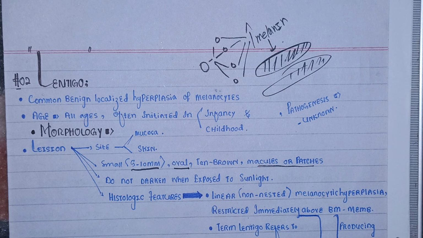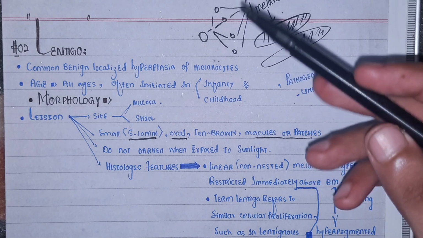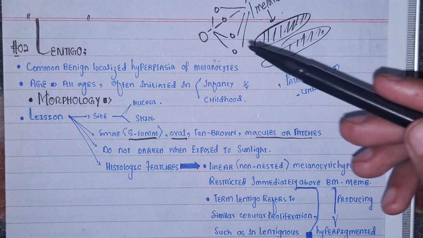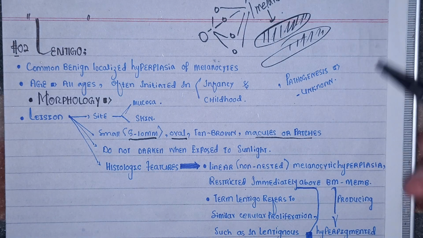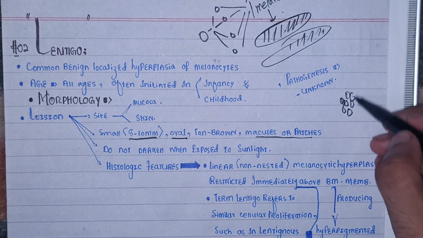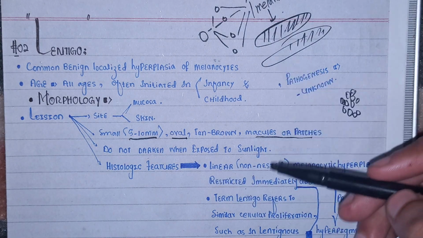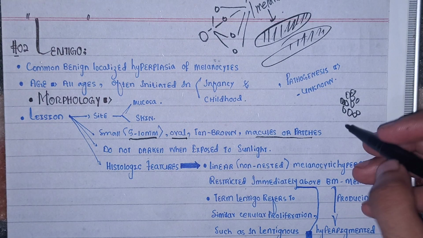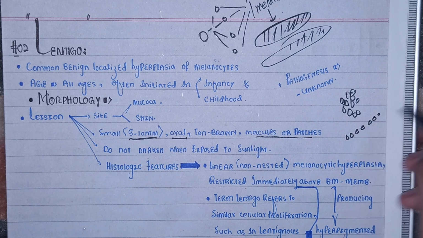If you look at the histological features of lentigo, obviously the melanocytes are hyperplastic, so they are multiplying. Their number is increased in a linear, non-nested fashion. Normally melanocytes are in the form of nests, but in lentigo they do not multiply in this nested fashion; they grow in a linear, non-nested fashion.